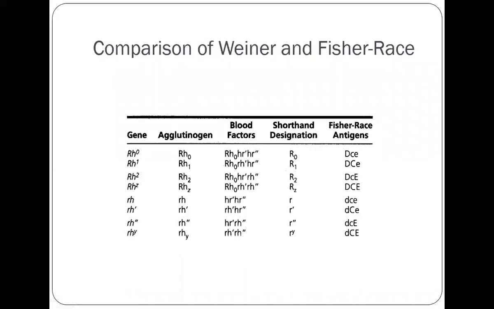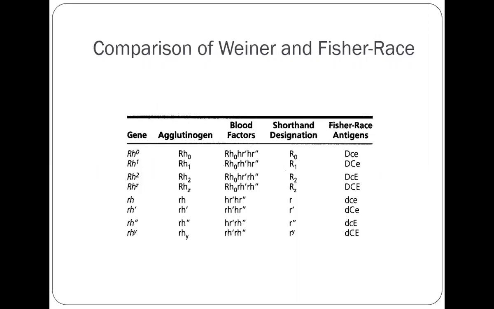Okay, so on this next slide, you'll see a comparison of the Wiener and the Fisher-Race. Now, this might look like a lot of information, but essentially what it's showing us is that on the left side, those are all the single genes that are inherited by the Wiener pattern of inheritance, and then they produce an agglutinogen. And again, those agglutinogens have 3 different factors or 3 different epitopes that can be recognized.